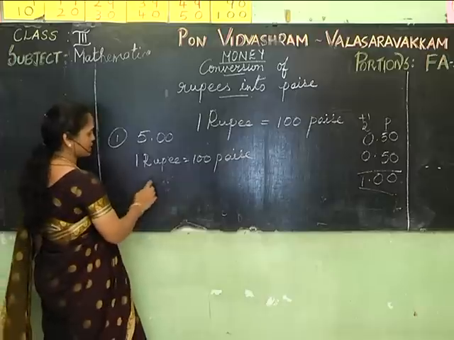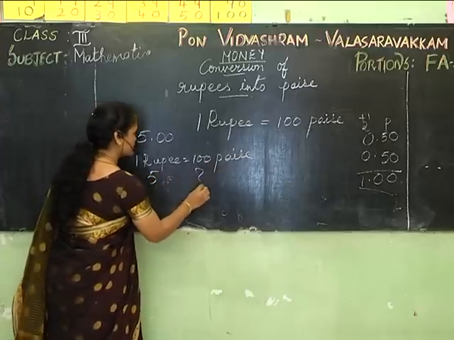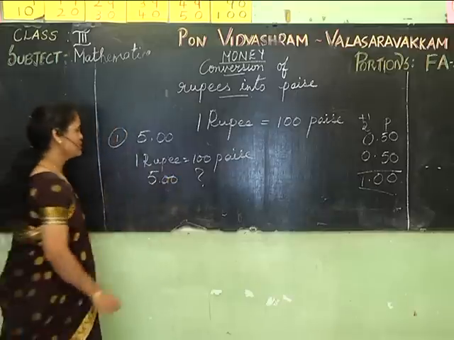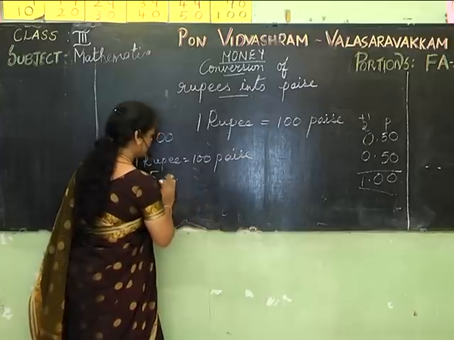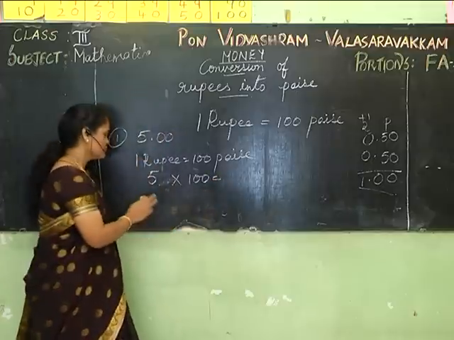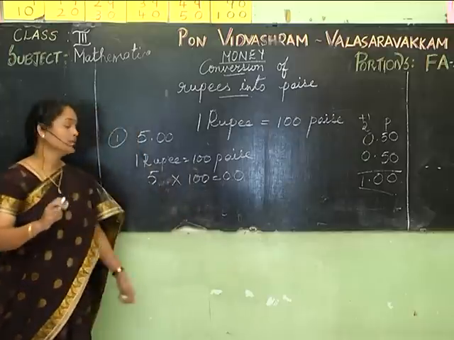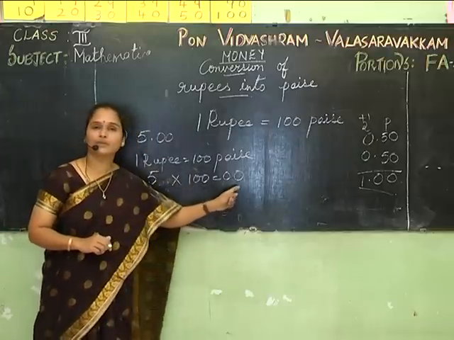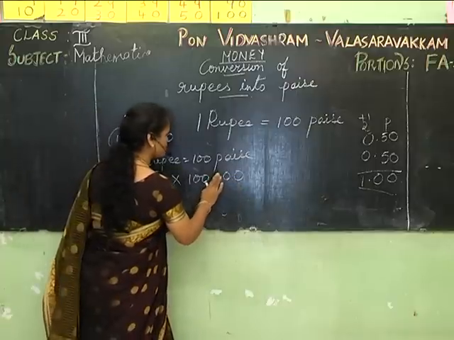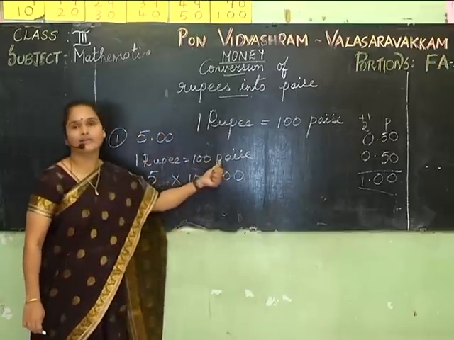You have to multiply 5 rupees with 100. Any number multiplied by 0 will give you 0 in multiplication. 1 rupee is 100 paise.